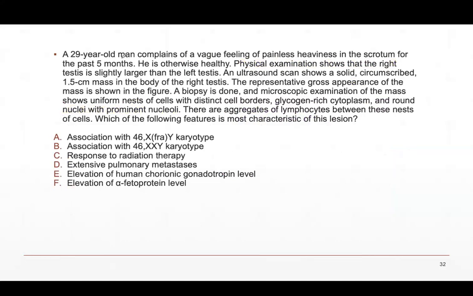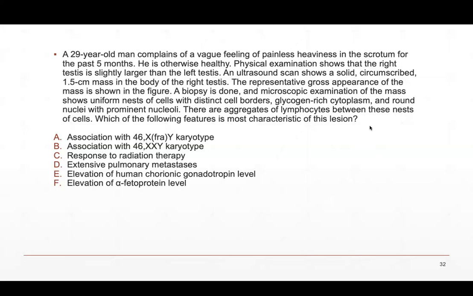Next question. You have a 29-year-old man complaining of a vague feeling of painless heaviness in the scrotum for the past 5 months. He is otherwise healthy. Physical examination shows that the right testis is slightly larger than the left testis. An ultrasound scan shows a solid, circumscribed 1.5 centimeter mass in the body of the right testis. The representative gross appearance of the mass is shown.